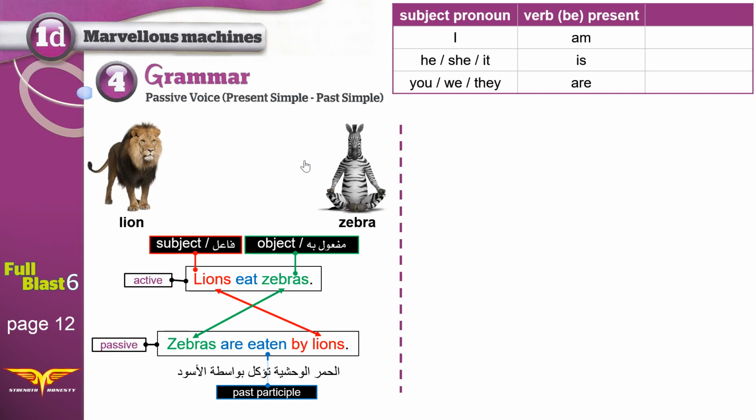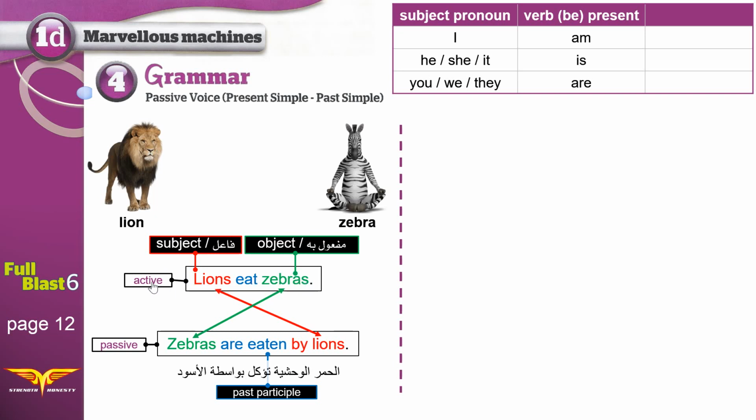Just as a quick reminder, this is the example I used to introduce you to passive voice in the present simple. This is the sentence I used. Lions eat zebras. Lions, the subject, zebras, the object.